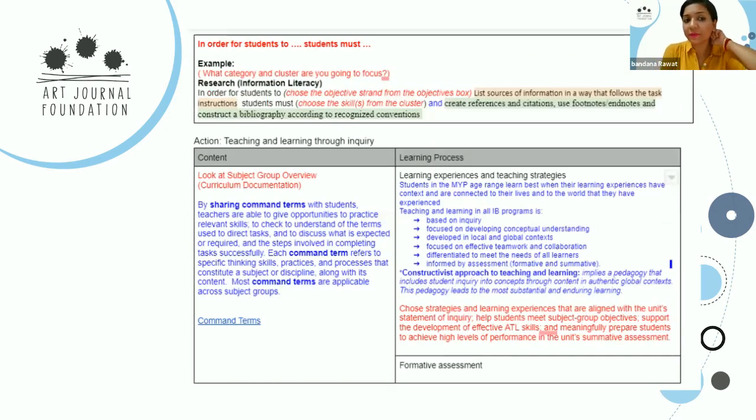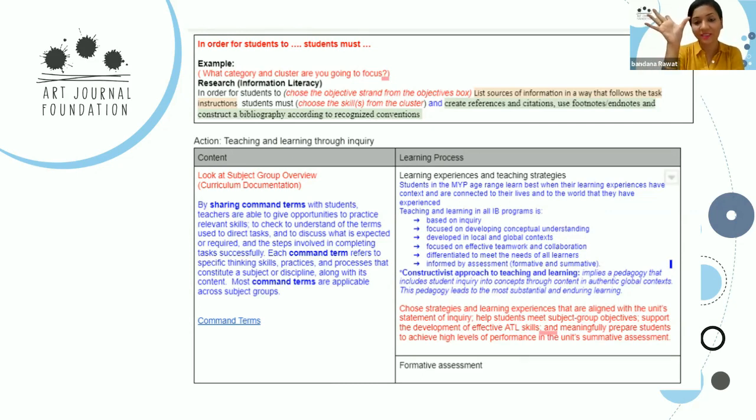Now, if you see here, they have given an example: research, information literacy. In order to choose the objective strand, you have to choose the specific strand. Create references and citation, use footnotes. So this is the information literacy sub-strand.